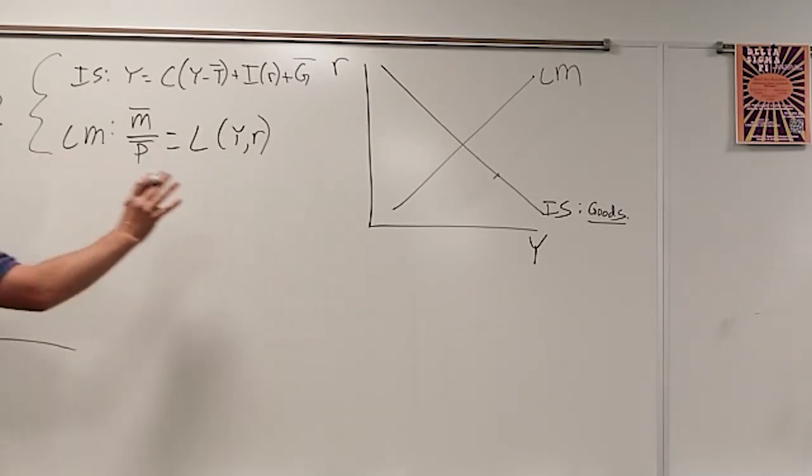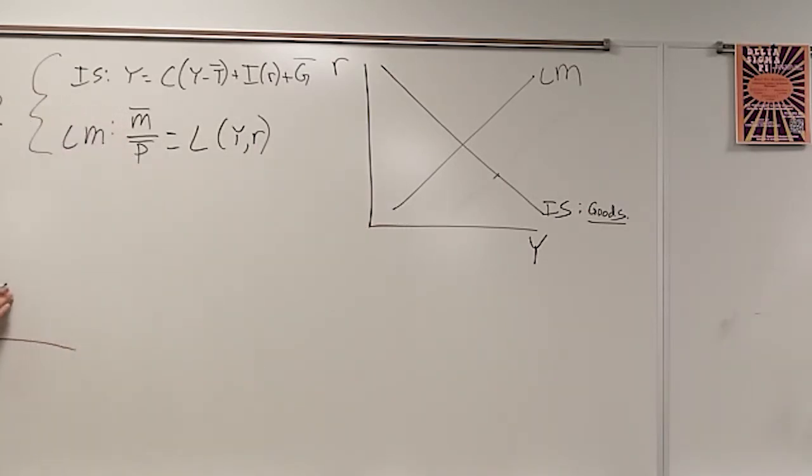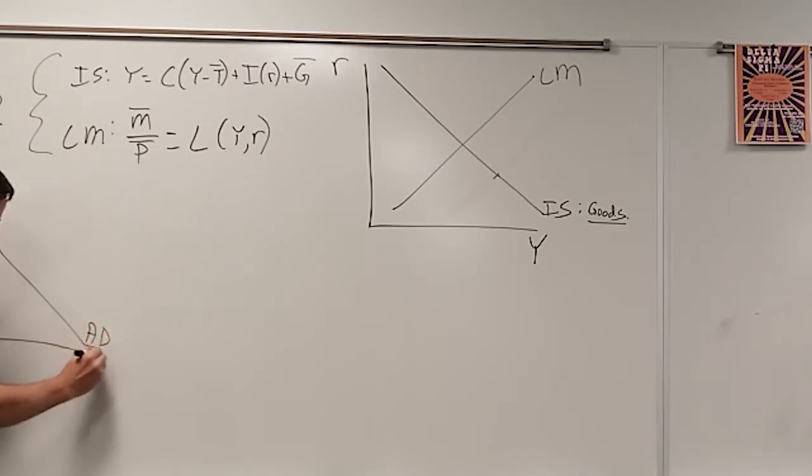And what's different between this graph and our aggregate demand graph is that, yeah, we still have output on the x-axis, but here we have the price level, or changes in the overall price level. So we're building here this component of our aggregate demand graph.